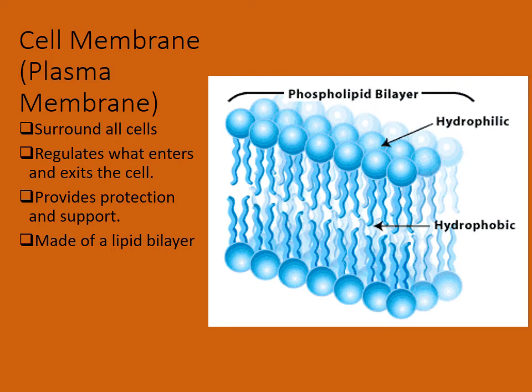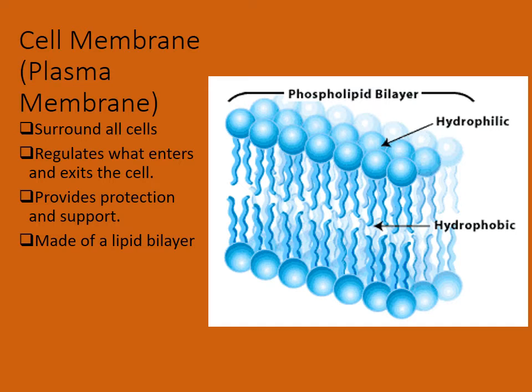All right, cell membrane or plasma membrane. These guys surround all your cells. They're found in all cells. They regulate what enters or leaves the cells. They provide protection and support, and they're made of lipid bilayer.